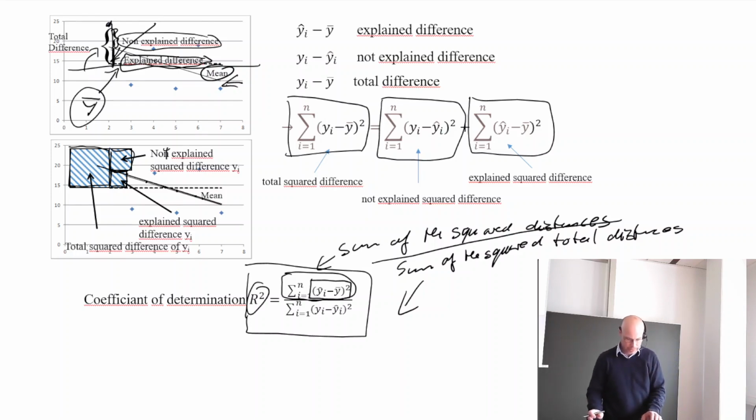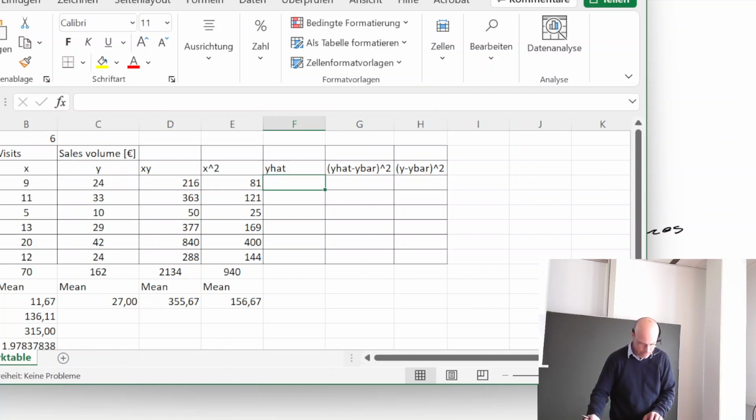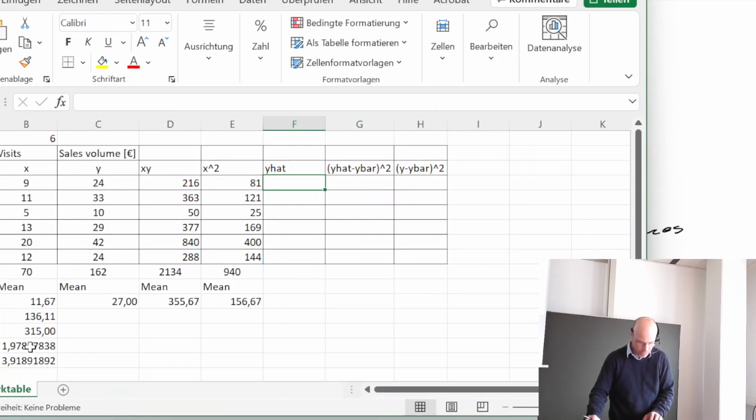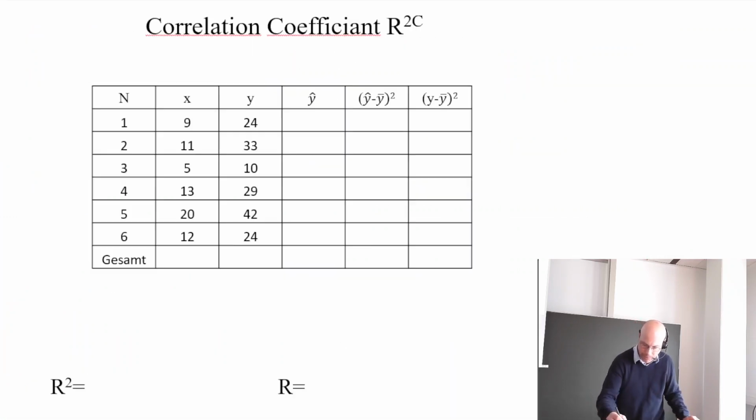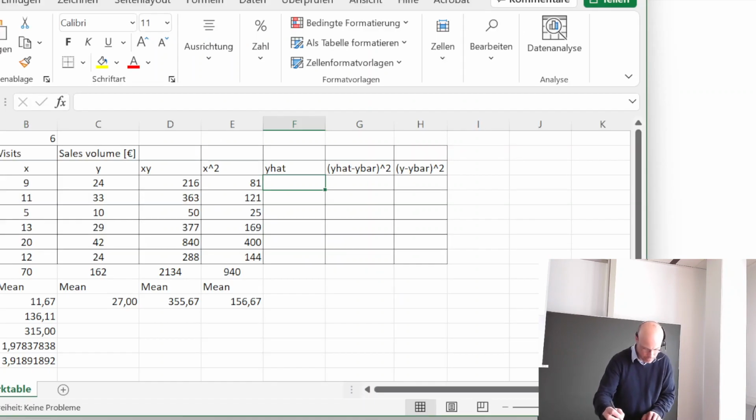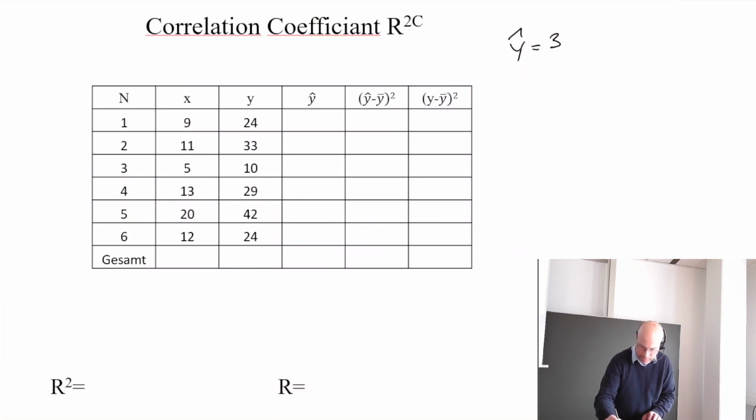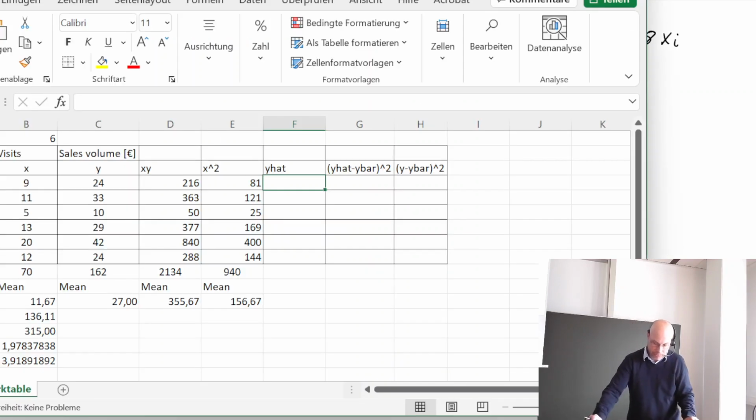So we had in our example A and B. Where do we have it here? 1.98 and 3.92. So here our fitted line was y hat is again 3.92 plus 1.98 x. And with this, we just calculate our theoretical values.